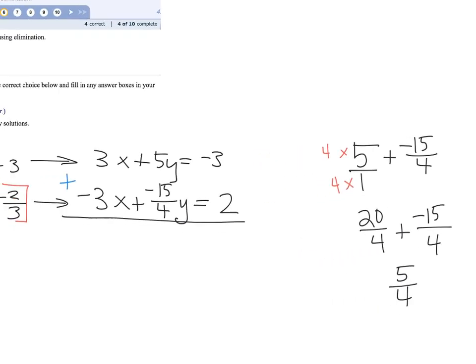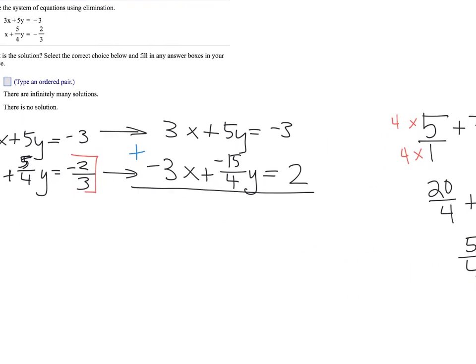So now we're going to go back over here. When I add the 3x and the negative 3x, I get nothing. When I add the 5y plus the negative 15 fourths y, I get 5 fourths y equals, and then I get a negative 1 because negative 3 plus 2 is negative 1.